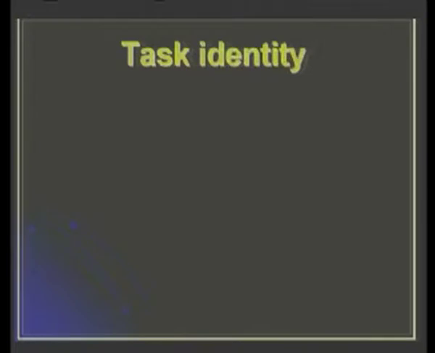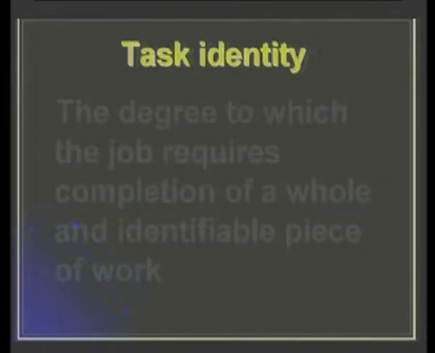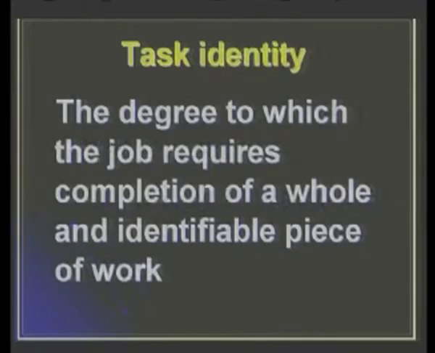Task identity refers to the degree to which the job requires completion of a whole identifiable piece of work. Task identity: you identify yourself with the duties of the task. So, it is the completion of a whole task that is given to you.